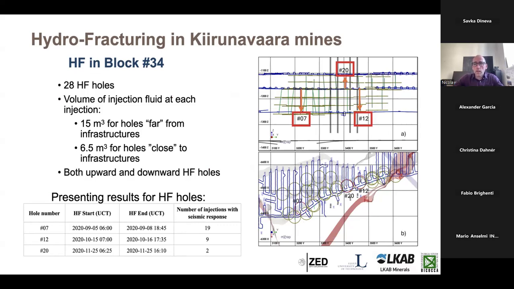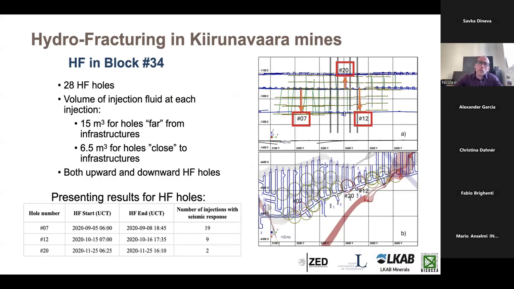Hole 7 was drilled in the corner where the structures FZ26 and FZ27 were almost depicting a corner. Then the holes 12 and 20, which you can see in the plots on the right.